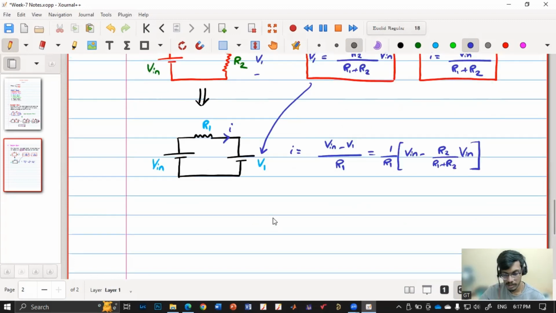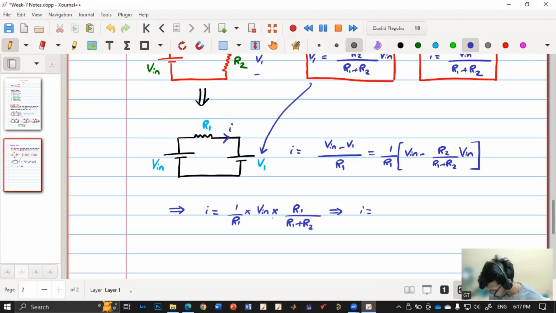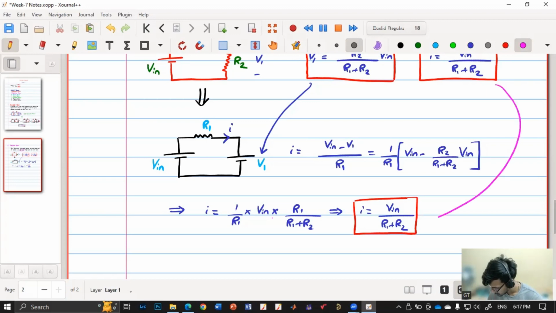If you simplify this, I will get I is equal to 1 by R1 into V into R1 by R1 plus R2. That implies my I is V in by R1 plus R2. So my current has not changed. Even if I have replaced it by an equivalent voltage source, my current has not changed.